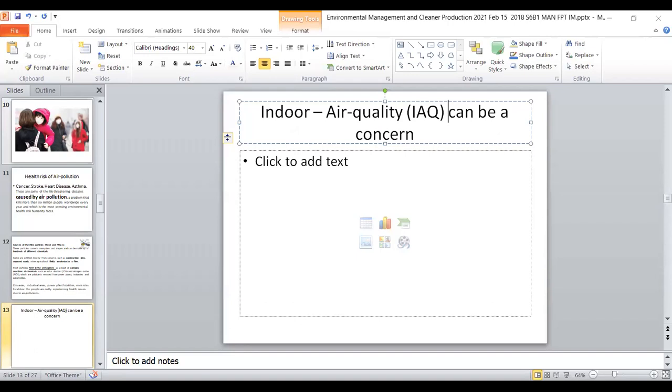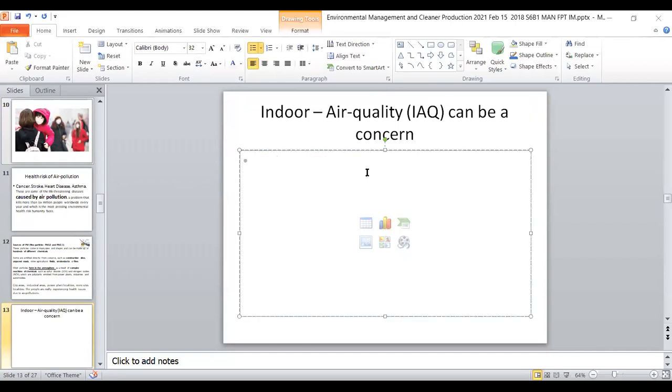Not that we are going into deeper levels, but we are just building awareness of this. So later you can look into what kind of particulate matter we are generally experiencing and getting exposed to. Okay. So indoor air quality.